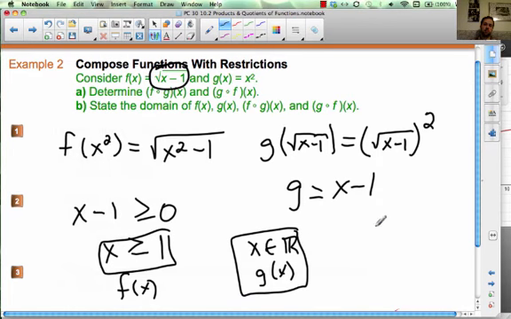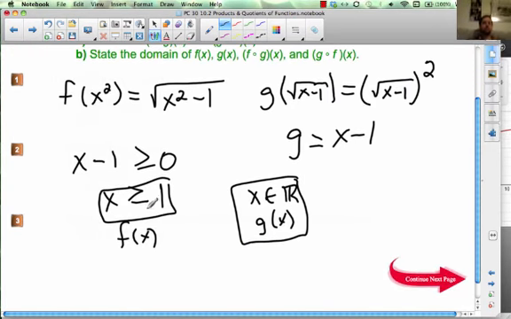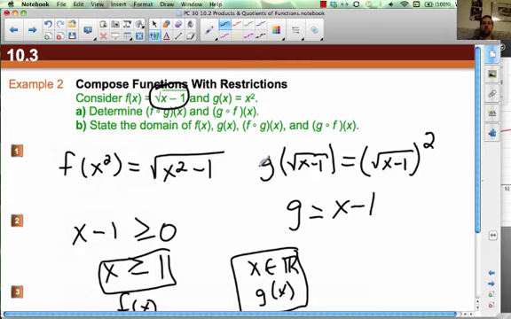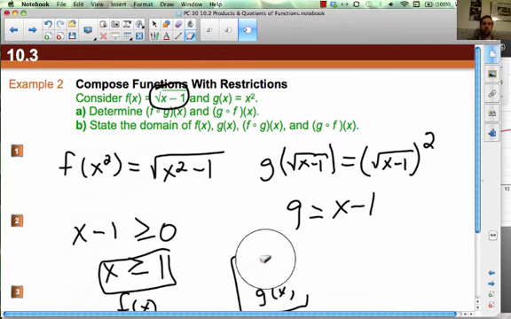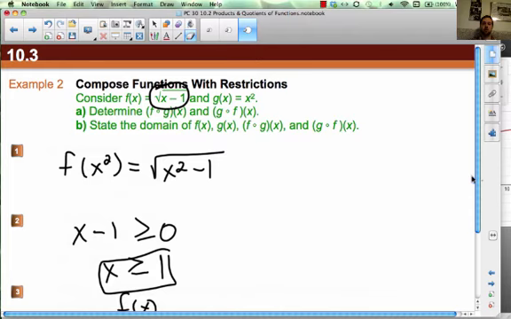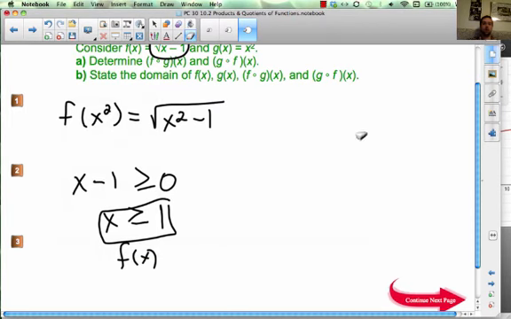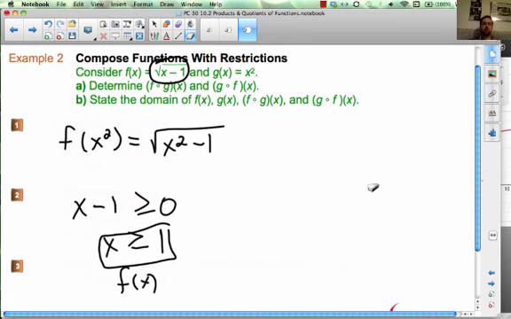But what about our composite functions? x cannot be less than 1 in this function. So when we plug g into our f function, we still are not allowed to use any values in g that make this whole thing end up being less than 0.